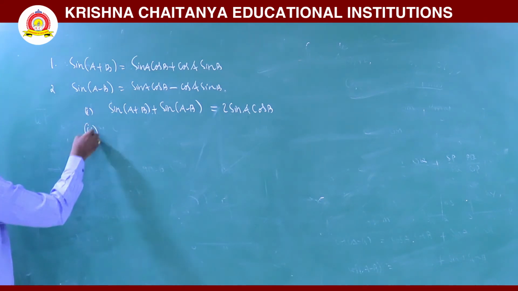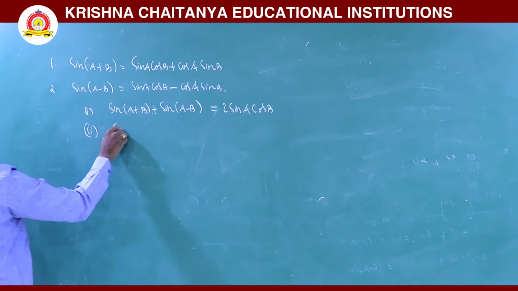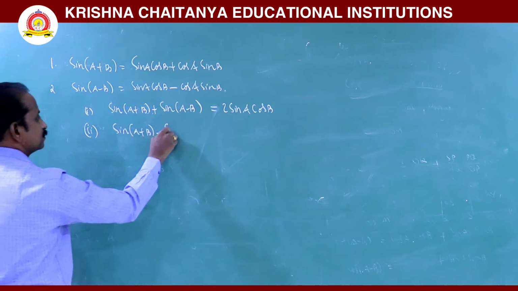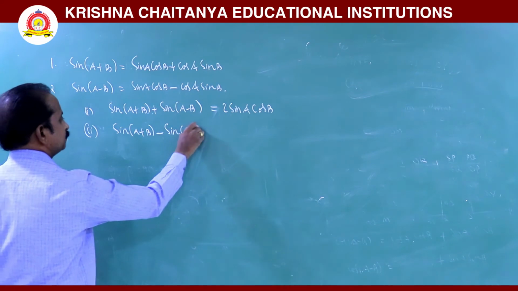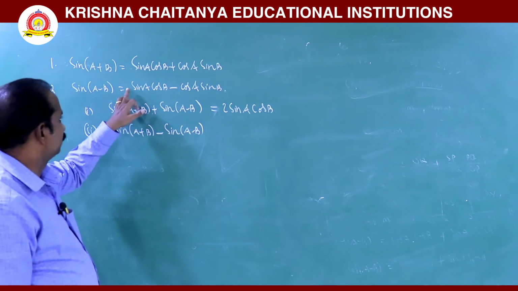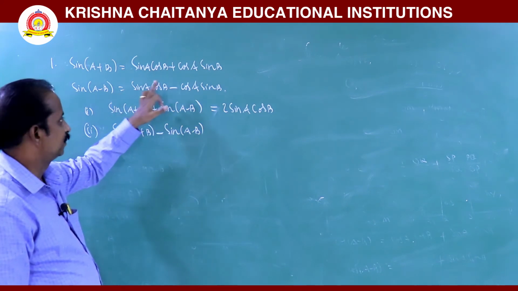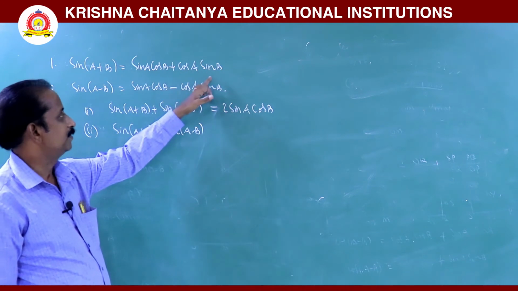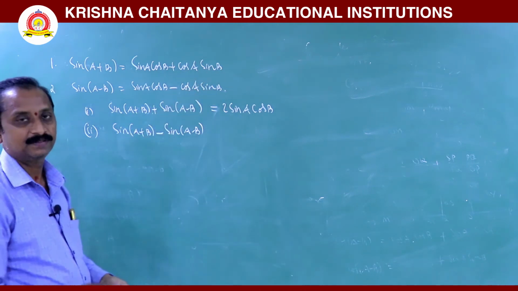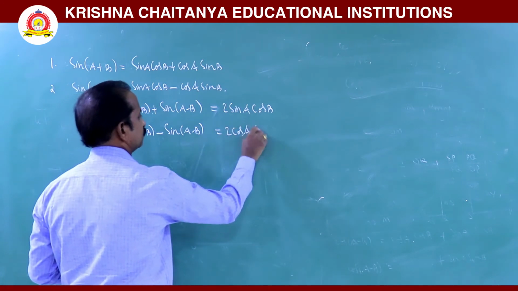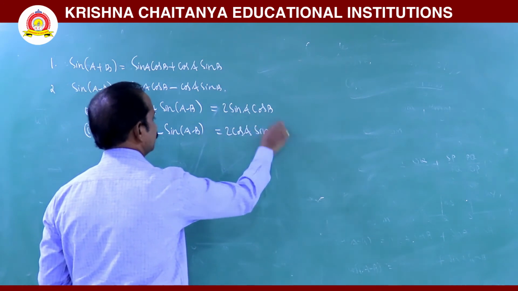Basic 2. When they are subtracted, sin of a plus b minus sin of a minus b. After subtracting, minus converts into plus, so sin a cos b terms get cancelled, and cos a sin b plus cos a sin b gives 2 cos a sin b.